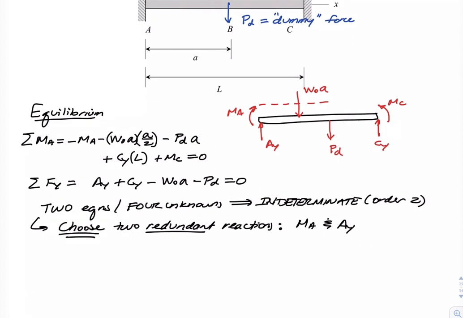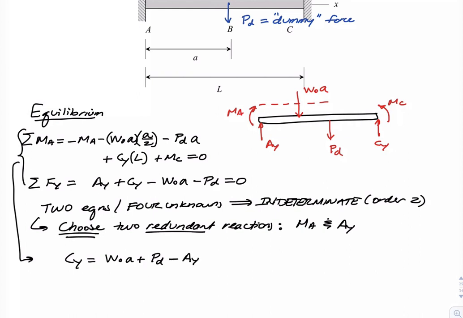With that said, I will write our two equilibrium equations in a slightly different form, where I will write CY as W naught A plus the dummy force minus AY.